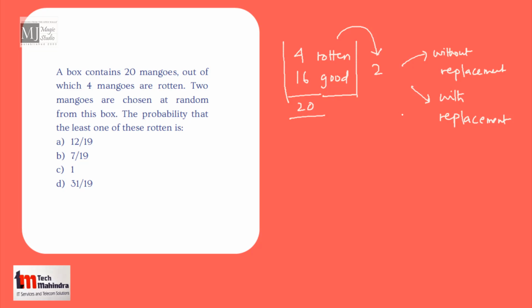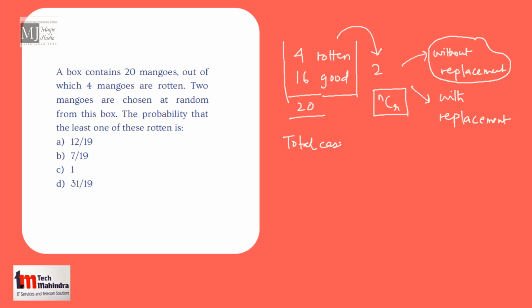Now, if nothing is mentioned in the question, we always assume that the drawings are without replacement. That is the simple assumption which always follows in questions based on probability. The selection is without replacement, and hence we can use the selection formula of nCr in finding out the favorable cases. Okay. So now 2 mangoes are chosen at random.